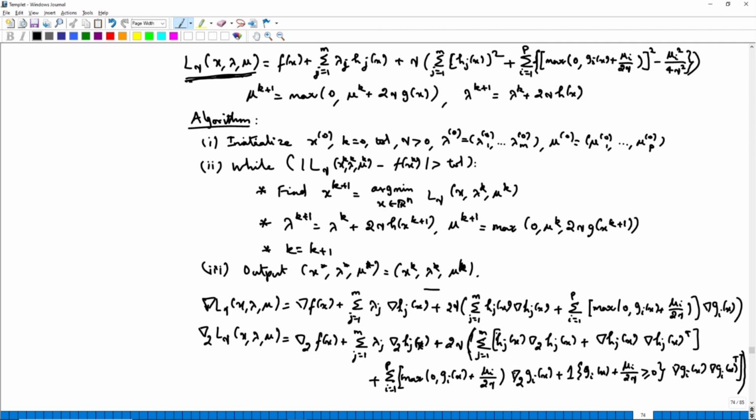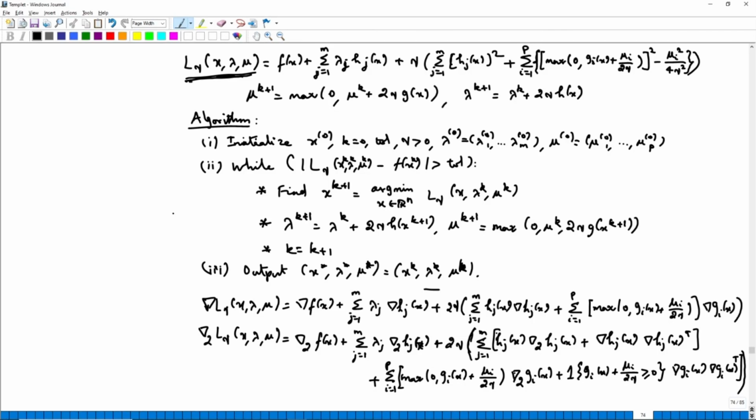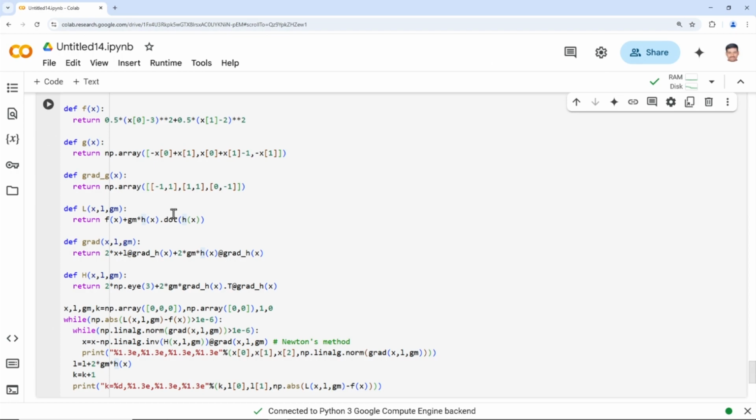So, we will do that here as well. So, we have f of x plus, yeah, you will not have this, but here we will have max of 0 comma gi of x plus mu I by 2 gamma, right. So, yeah, we will write it as follows.